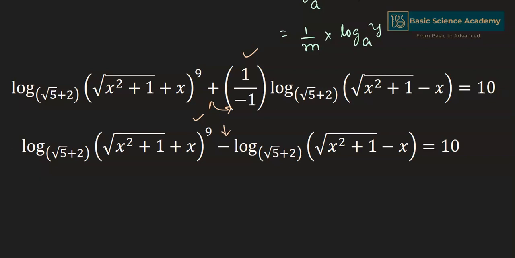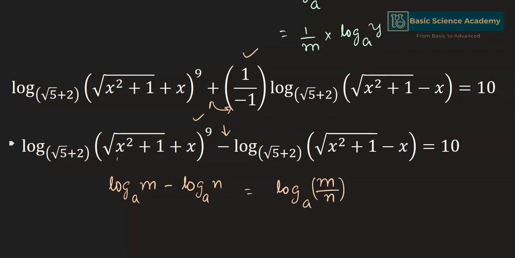Now, the left side of this equation is in the form of log m minus log n to the base a, which we can write as log of m divided by n to the base a. Here this value is equal to m, this value is equal to n, and this value is equal to a.